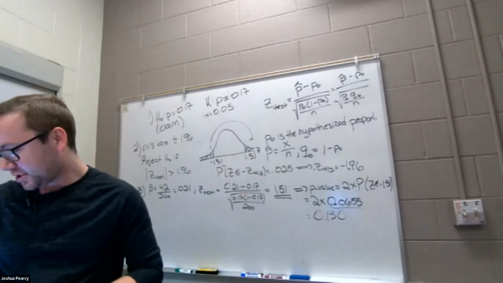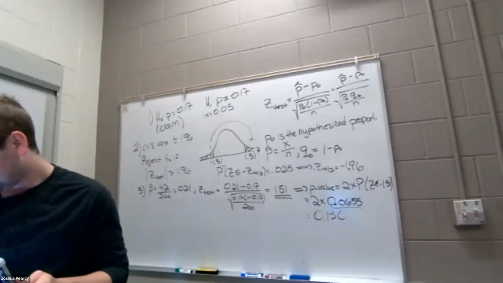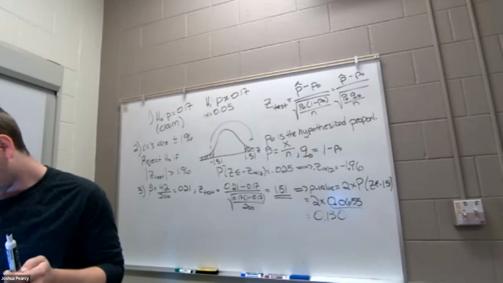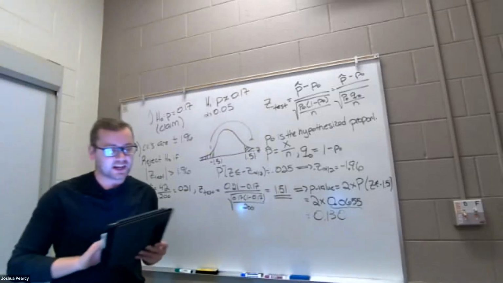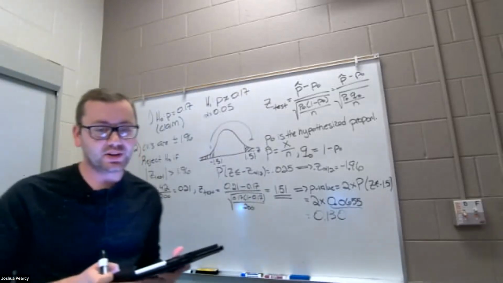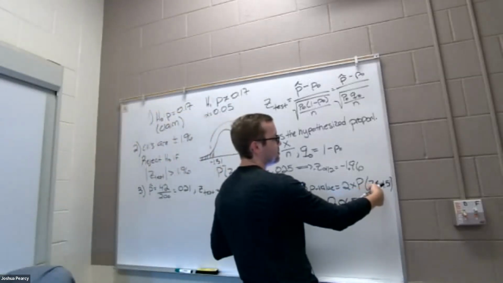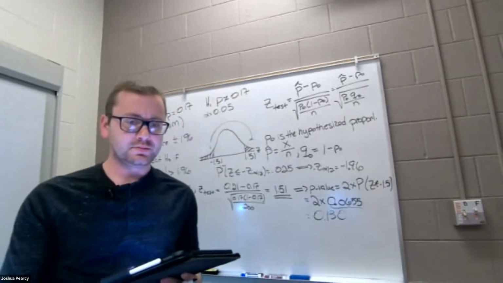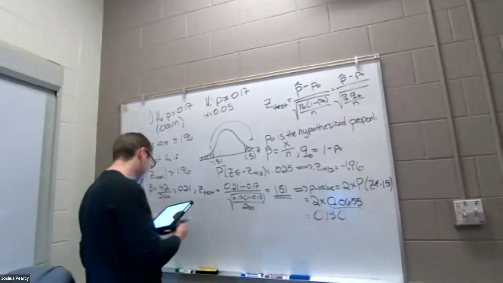Then someone tell me what the conclusion and the interpretation is. Comparing the p-value to alpha, it is what in relation to alpha? In the parentheses, this says the probability of z being less than or equal to minus 1.51. Yeah, the p-value is greater than alpha. Therefore, you fail to reject the null hypothesis.